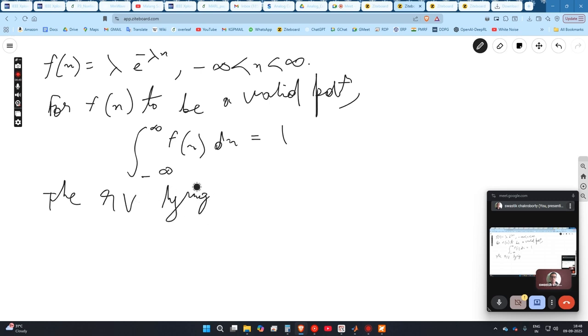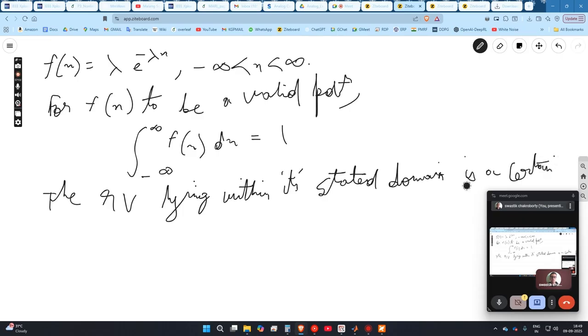The random variable lying within its stated domain, the domain that has been set in the problem, is by definition a certain event with probability 1.